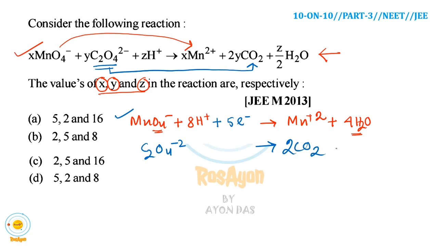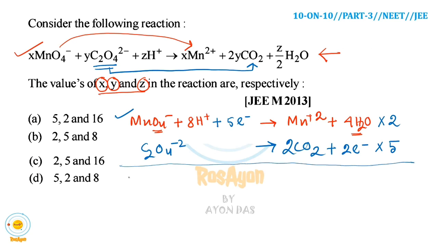To balance the charge, you must add 2 electrons here. That is clear. Now to eliminate the electrons, you multiply the first equation with 2 and the second equation with 5 and add the whole equation.